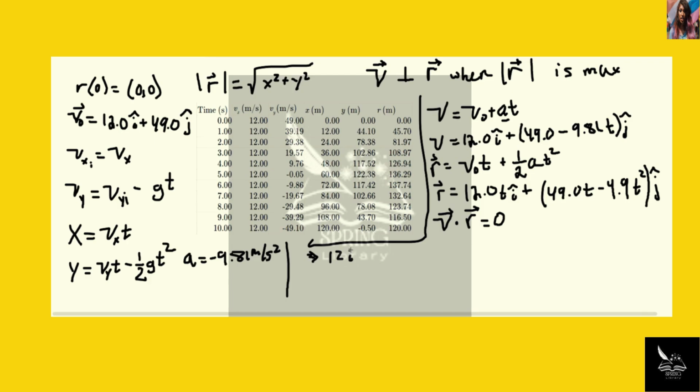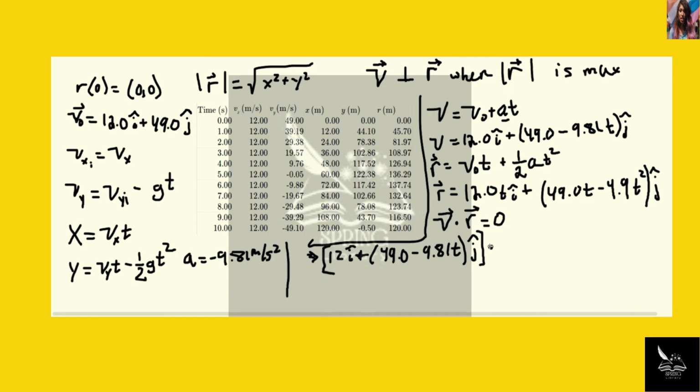So 12i plus our 49 minus 9.81t, and of course we have this full thing. I'm going to just box this in right here.